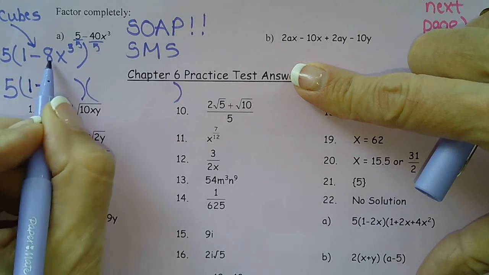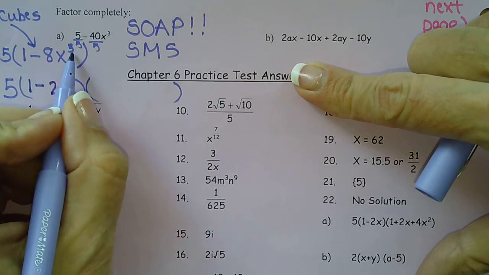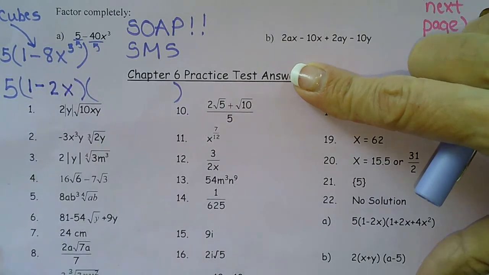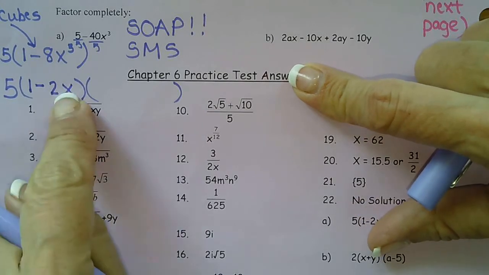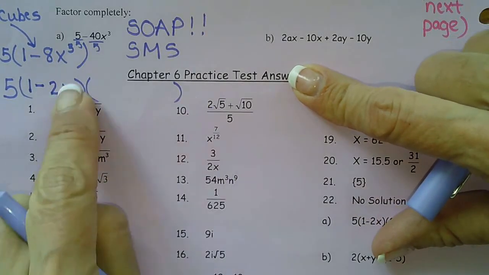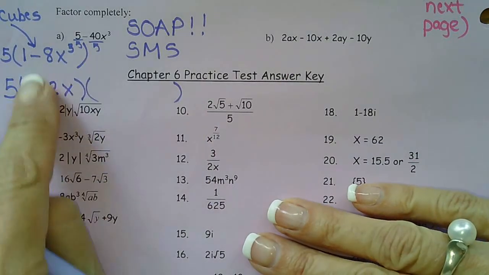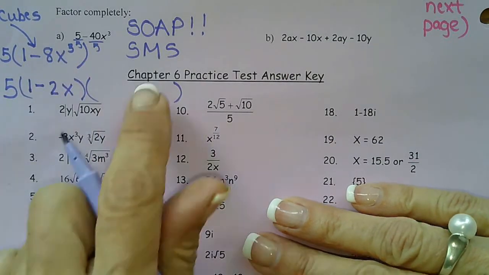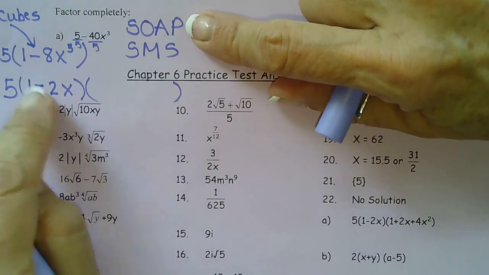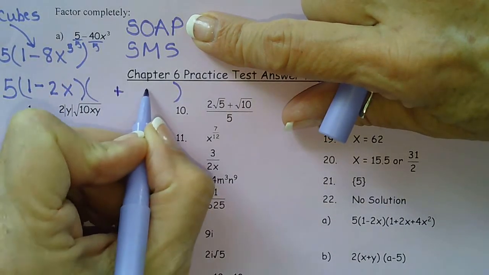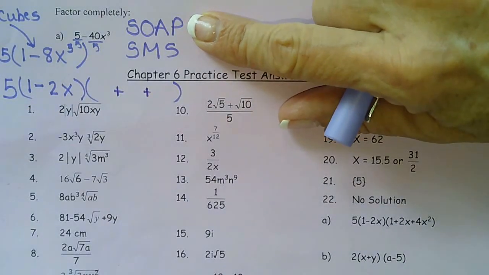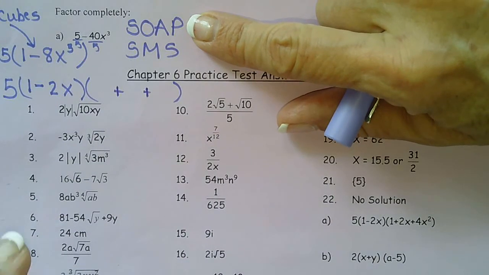The cube root of 8 is 2. The cube root of x cubed is x. And that's the most important step because if you miss that, that'll make you miss this because we're going to use this parenthesis to fill in that one. So make sure you're very careful when you do the cube roots. And remember the signs, same, opposite, always positive. So get those signs in, then you don't have to worry about them.